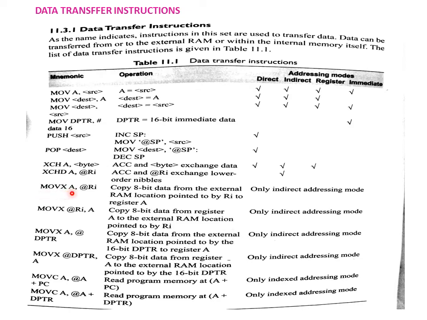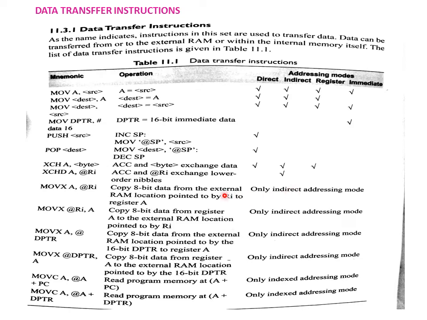MOVX A comma @Ri. The meaning of MOVX is transferring RAM location address data to the accumulator. MOVX is used for transferring data of a RAM location, internal RAM or external RAM.